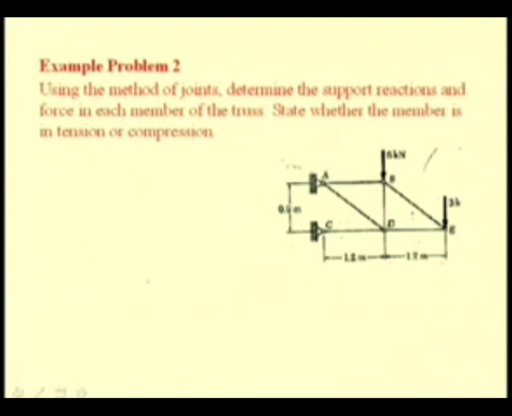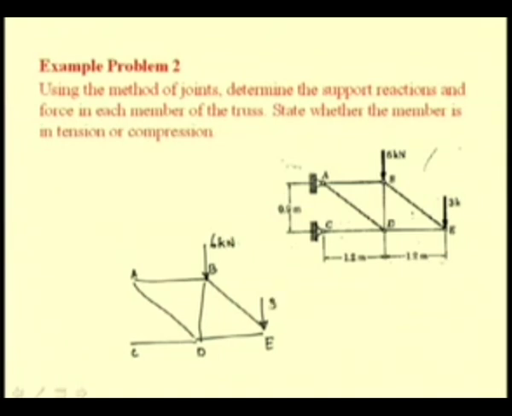If we consider the free body diagram of the complete truss element, that is A, B, C, D, E, and the external forces of 6 kilonewtons applied at B and 3 kilonewtons applied at E. At A we have a pin connection, and so we have to determine two components of reaction AY and AX, and at C we again have a pin reaction, thereby we have to determine the two components of reaction CY and CX.